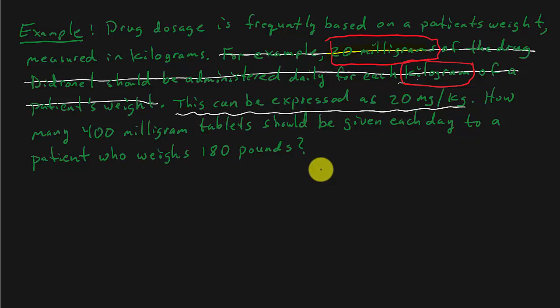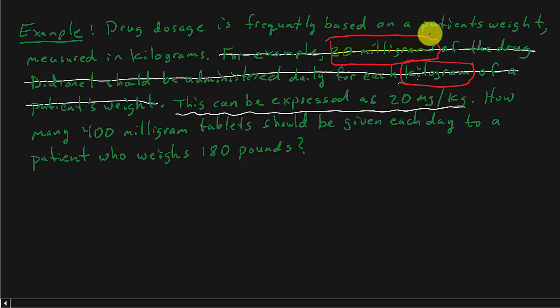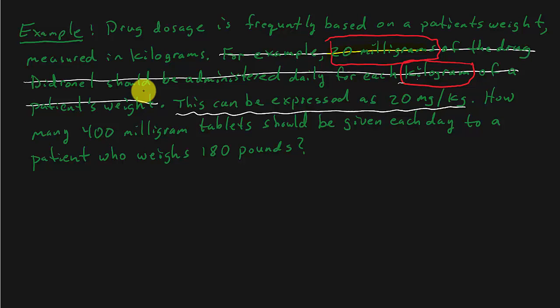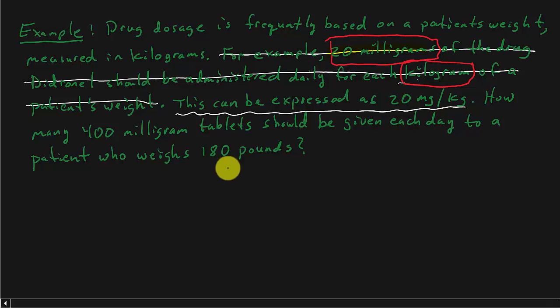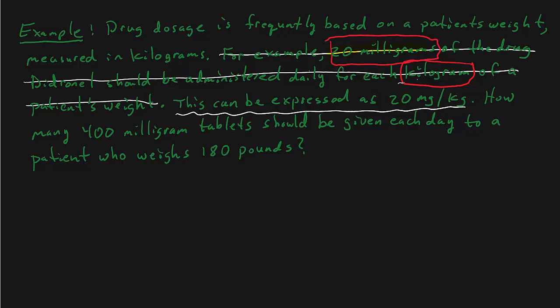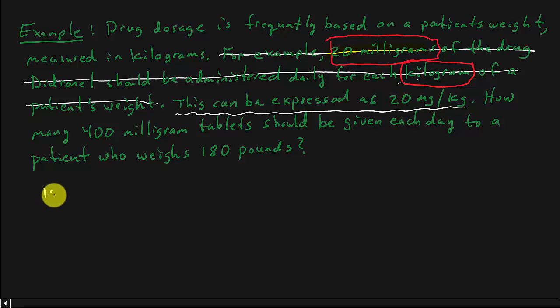Now, the first thing: it says a drug's dosage is frequently based on a patient's weight measured in kilograms. Well, they're giving us the weight in pounds, so we're going to need to convert the weight into kilograms. So I've got 180 pounds, put that over 1 times, and going to kilograms, I need pounds on the bottom because I need the pounds to cancel out.